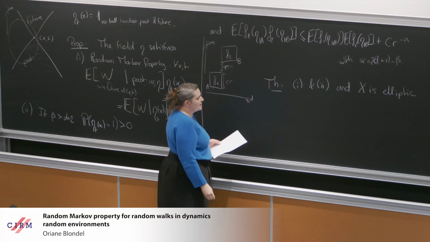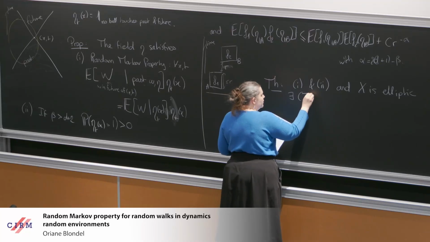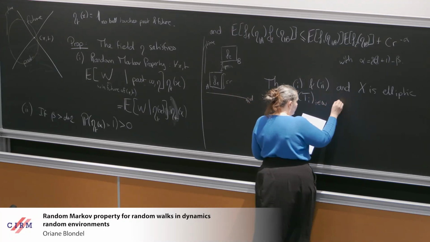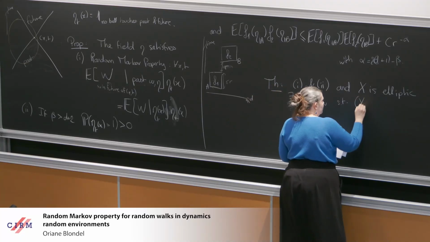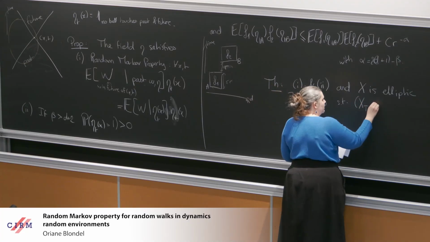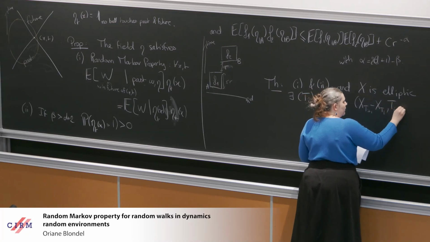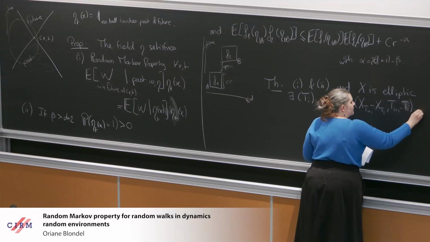But if you have those two things and X is elliptic, then you can indeed build this sequence of regeneration times. So you have a sequence of random times, not Markovian, such that X_{t_{i+1}} minus X_{t_i}, t_{i+1} minus t_i, that's IID.